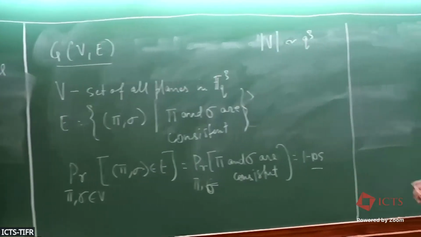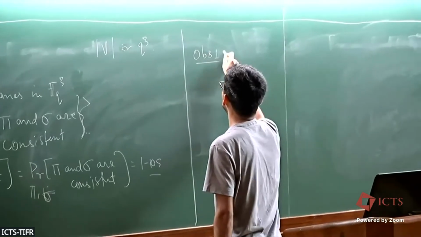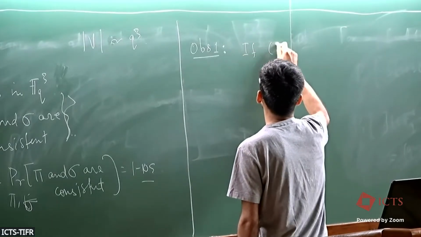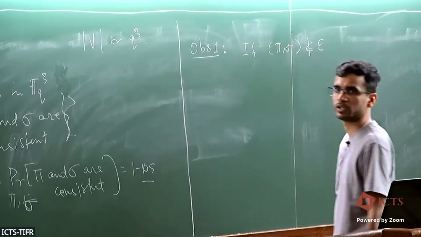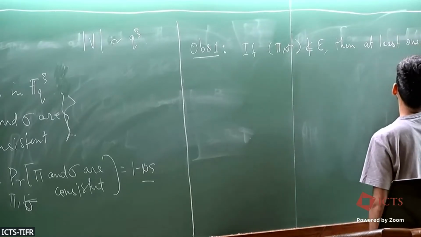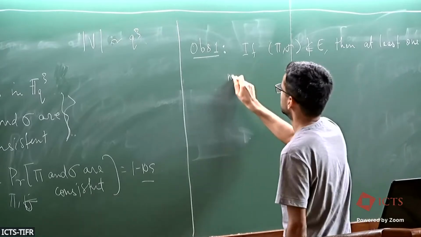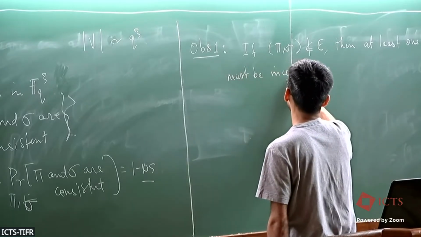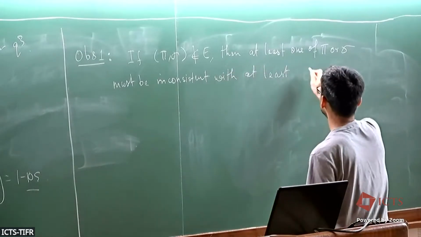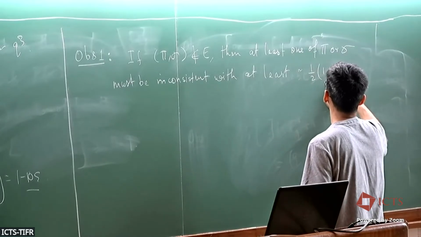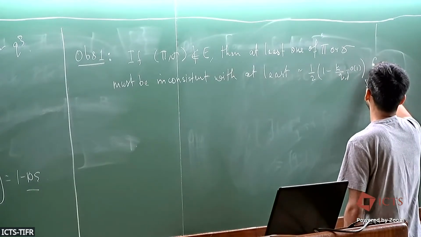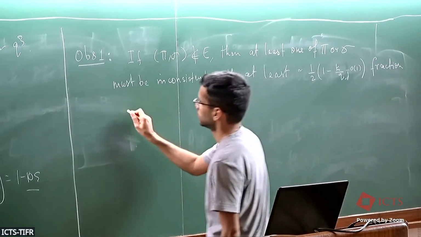So I'll make two observations. Observation one is that for a pair pi and sigma, if pi and sigma are not consistent with each other, then at least one of pi or sigma must be inconsistent with at least something like 1 minus k over q, minus k, of 1 fraction of all planes.